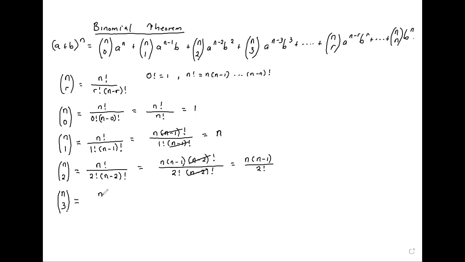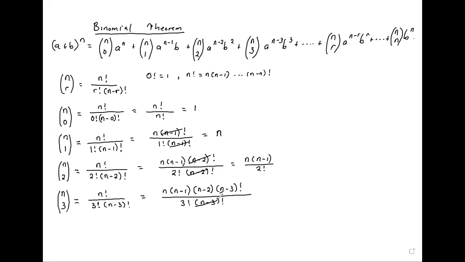n choose 3, n factorial over 3 factorial, n minus 3 factorial, giving us n, n minus 1, n minus 2, n minus 3 factorial. Once we see n minus 3 factorial on top, because we have it down, we can stop there.